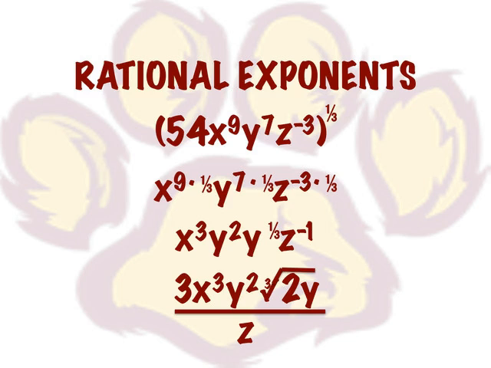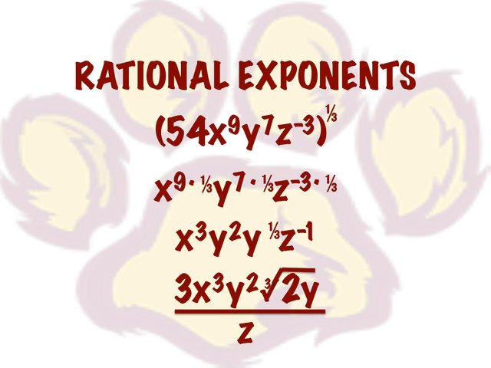And then we have to take the cube root of the remainders, what was left under the root sign from before, the 2, and the 1/3 y. And then since z was to the negative exponent, or to the negative 1, we put it as the denominator.